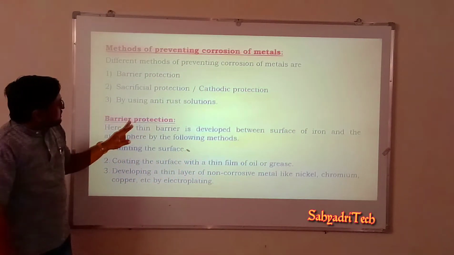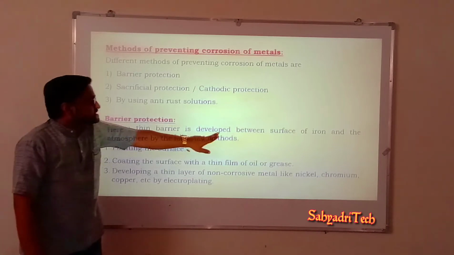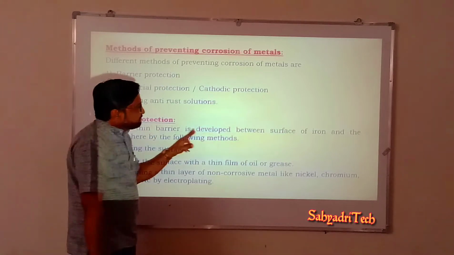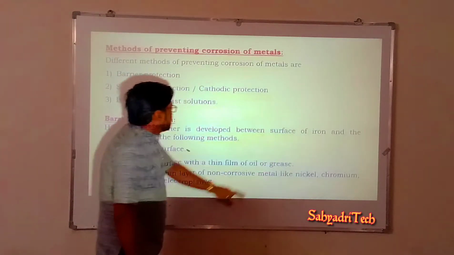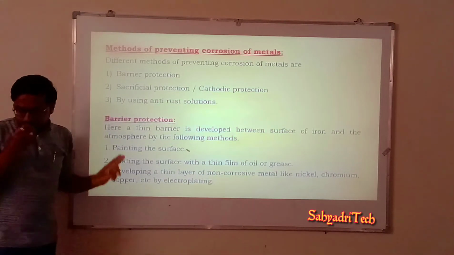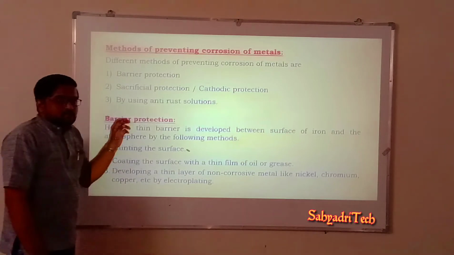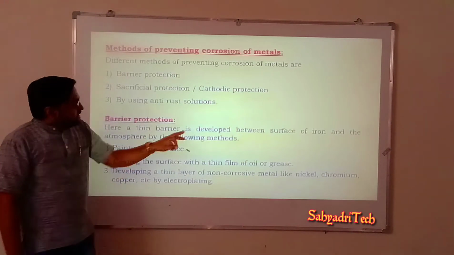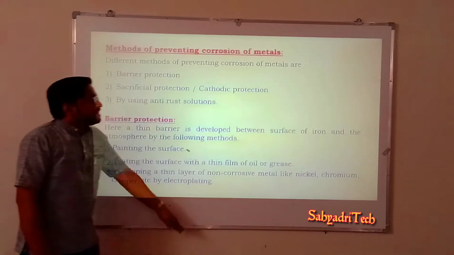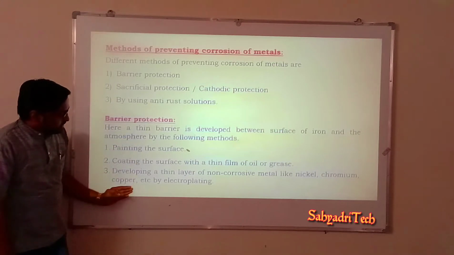So what we are doing in this barrier protection method, a thin barrier is developed between the surface of the iron, or generally the metal, and the atmosphere by the following methods.